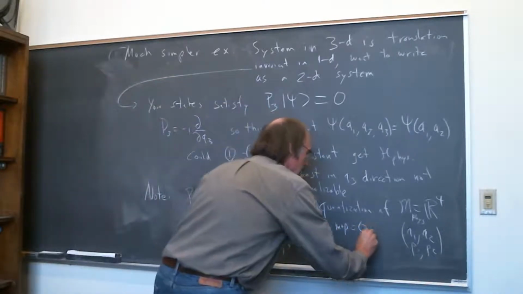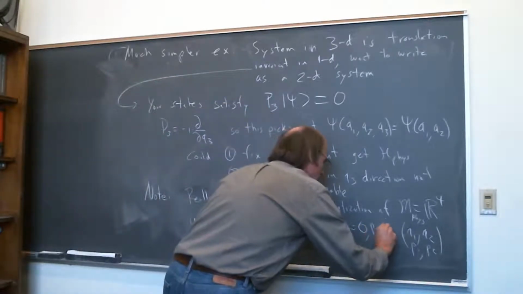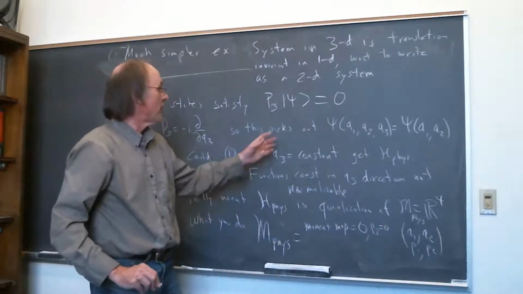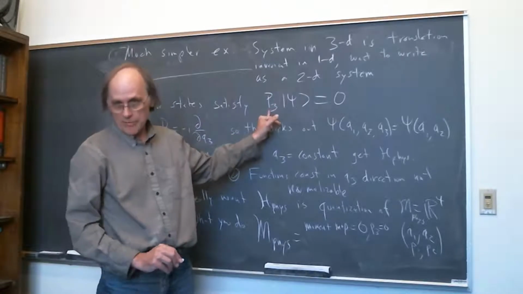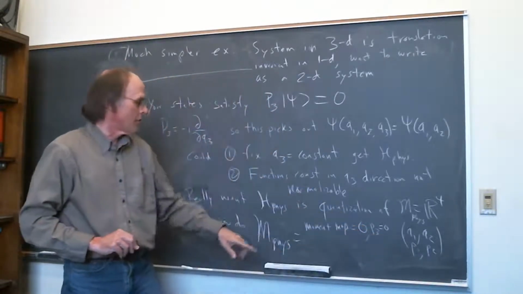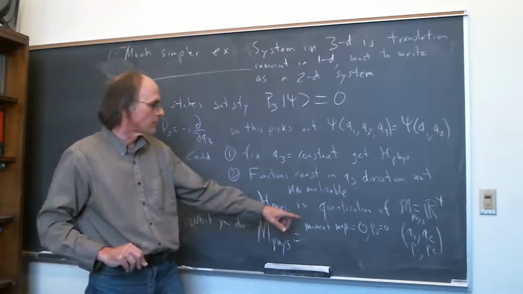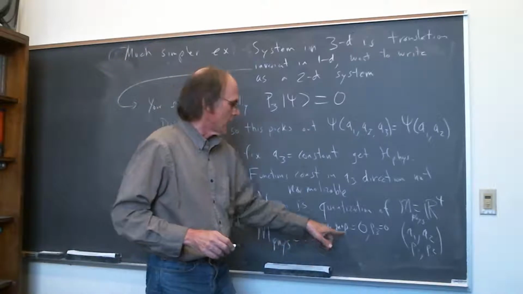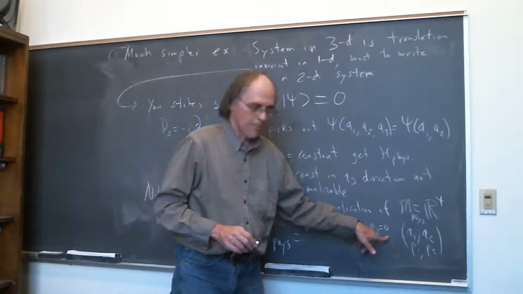So this is going to be P3 equal to 0. The moment map function for this is just the momentum, P3. So if you've got your 6-dimensional phase space, you fix the moment map to 0.